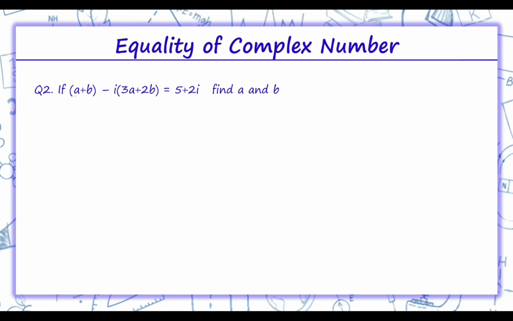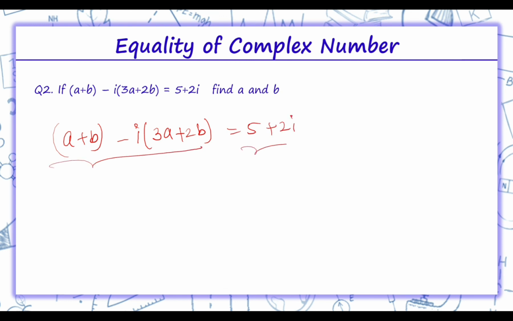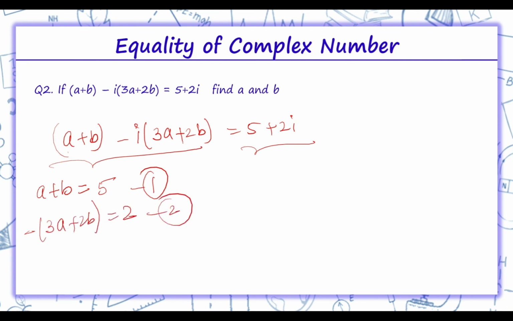Next question is, if a plus b minus i into 3a plus 2b equals 5 plus 2i. Now this is one complex number, this is another complex number. Again, the real part of this complex number is a plus b and the real part of the other complex number is 5. This is the first equation. Over here, the imaginary part gives minus 3a plus 2b equals 2. This is the second equation.